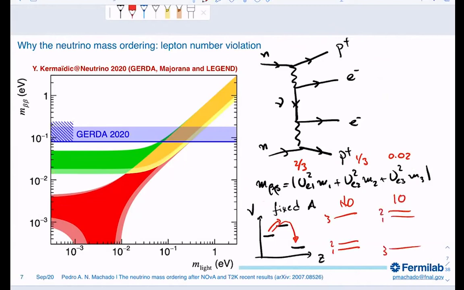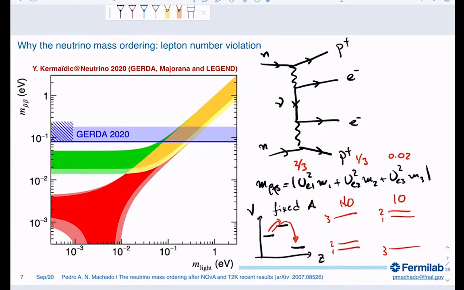And now you see again that if you have this kind of ordering, you're multiplying the big mixing by small masses, so you're down here, right? If you have this order, you're multiplying the large masses by the large mixing, so you're up there. So that makes inverted ordering a much better scenario for measuring neutrinoless double beta decay, so measuring a lepton number violation.